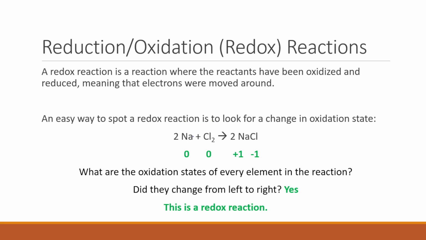The sodium went from 0 to +1. The sodium was oxidized. The chlorine went from 0 to -1. The chlorine was reduced. Another way of thinking about this is that sodium gives electrons to chlorine. Right?